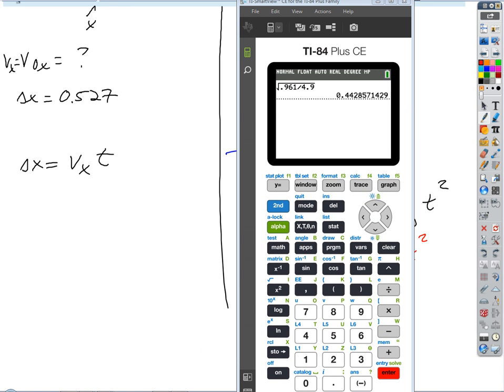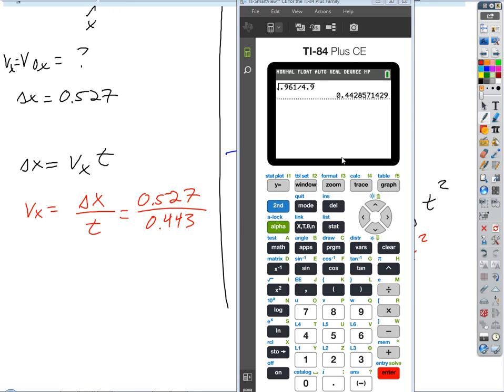And then we'll just go back over to column 2, and we want to solve for v sub x, don't we? Right? So in this equation, if we solve for v sub x, it's just going to be horizontal displacement divided by time, which is just 0.527 divided by my unrounded calculator number, right?